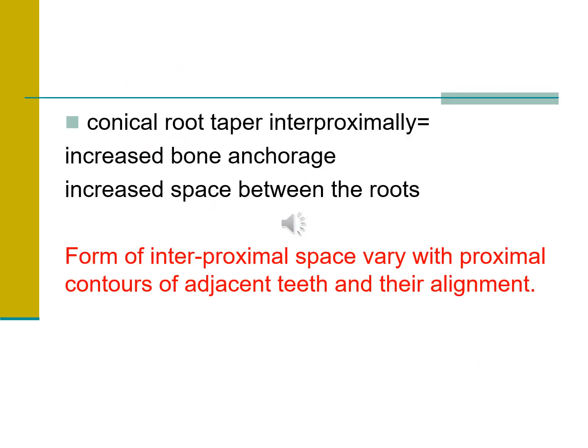In addition, the roots of the teeth taper from the cervix to the apex of the tooth. They taper in a conical shape, creating enough space between the roots of the adjacent teeth.